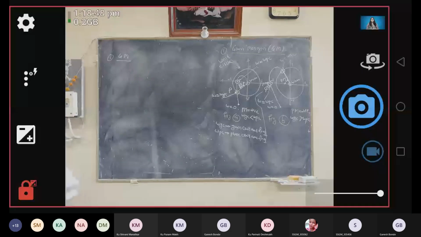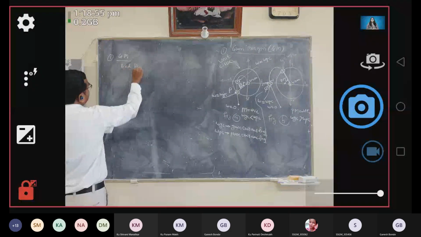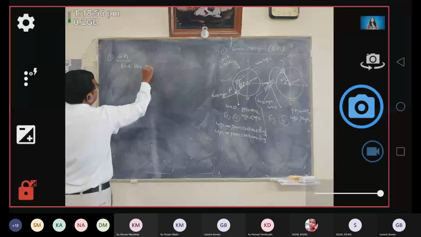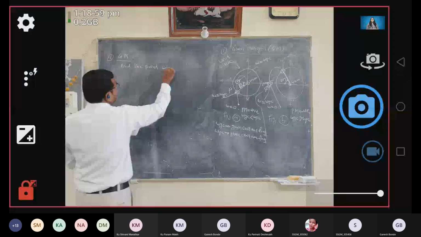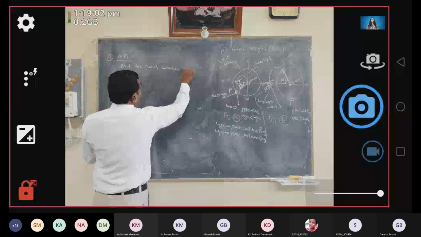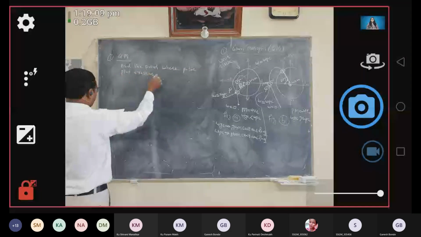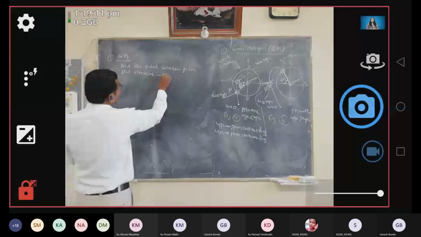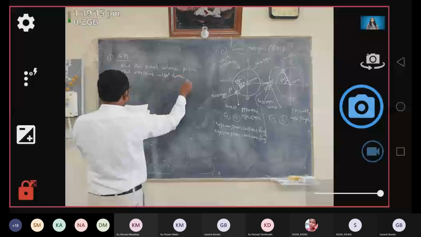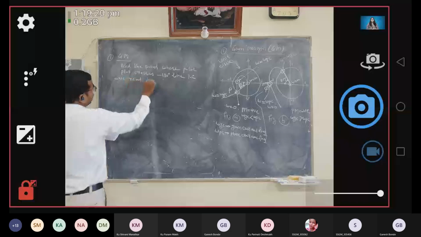Find the point where the polar plot crosses the -180 degree line, that is the negative real axis.